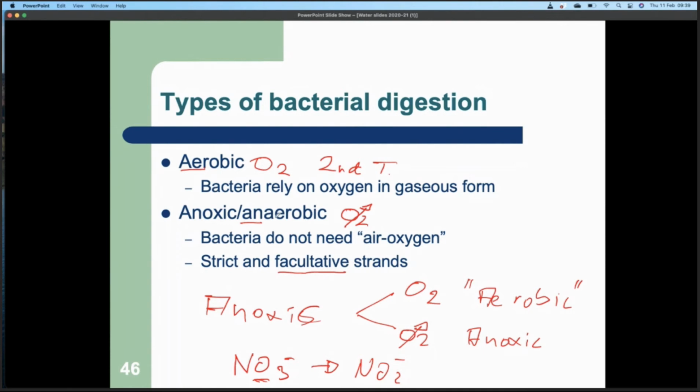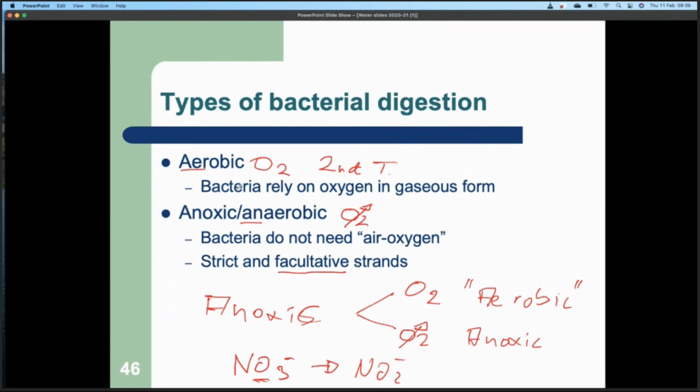And then you have the anaerobic bacteria, which do not rely on oxygen at all, and for whom oxygen in its molecular form is in fact inhibitive. So anoxic and aerobic bacteria are related in a way. You find them in the same treatment plant, in the same tank. Anaerobic bacteria, you will probably not find close to aerobic bacteria because they are a completely different kettle of fish.